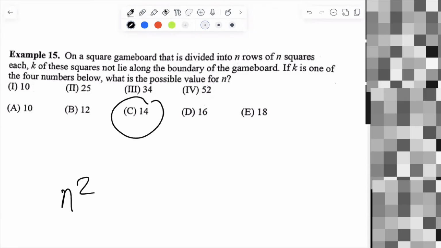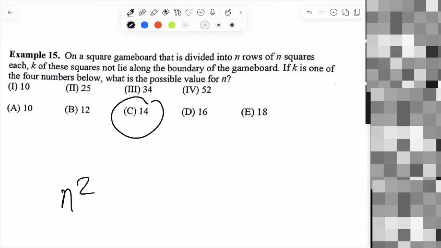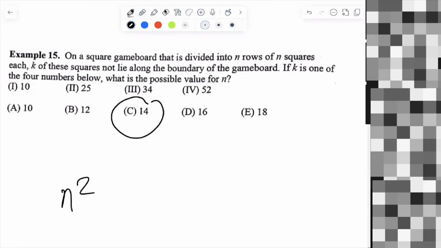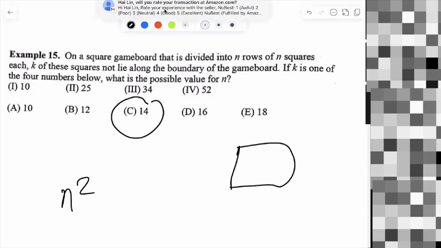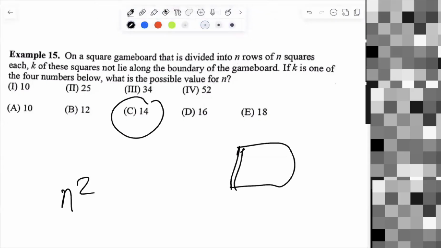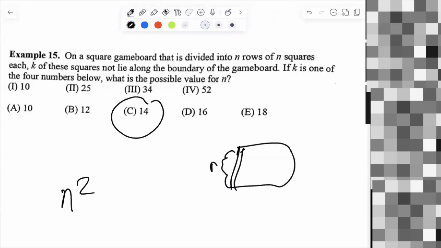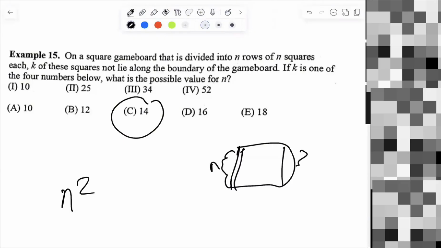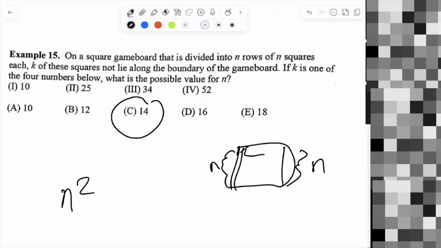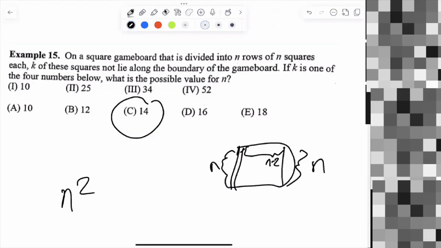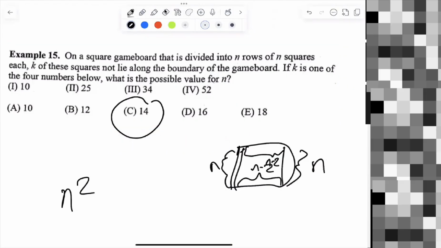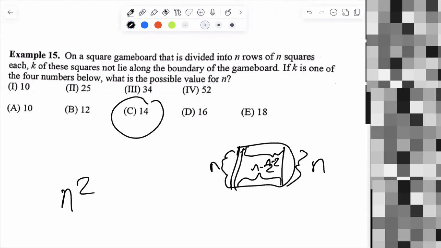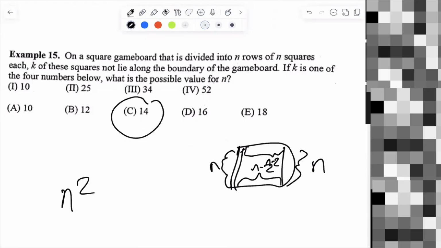And notice that the outer edge is 4n minus 4, since over here we have n, n, n minus 2, n minus 2. That's 2n plus 2 times n minus 2, or 4n minus 4.